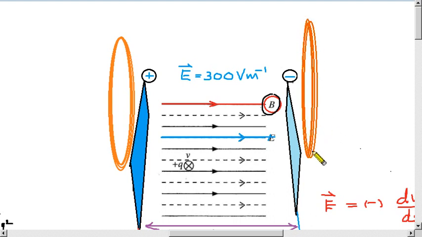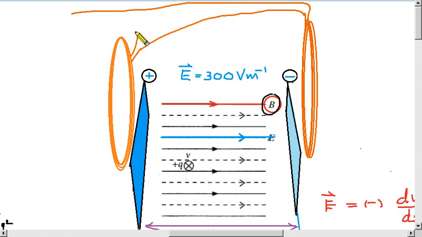Then you supply DC current to these coils, connecting them in series like this, and take this wire, and you have to supply DC current like this.